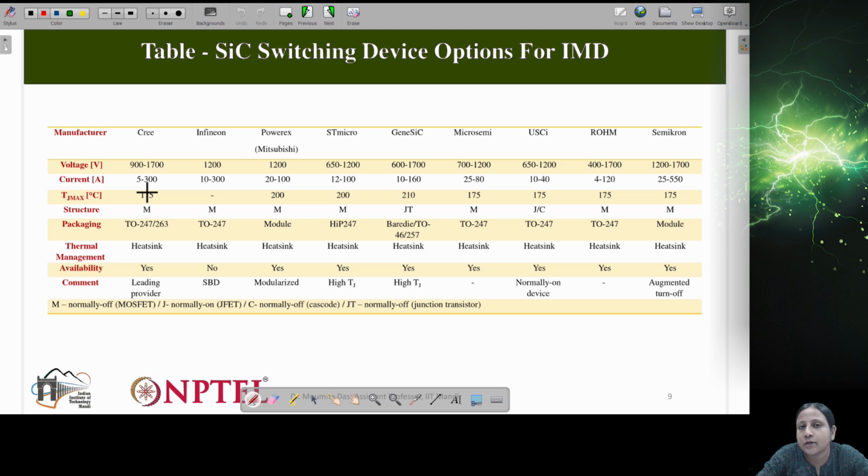The device itself is suitable to operate at much higher temperature, but when it is connected to the system, it should be able to handle this much temperature. The structure type, packaging and thermal management are also given. Here heat sink is mentioned for all the devices, and different types such as leading provider, SBD, and modularization are mentioned.